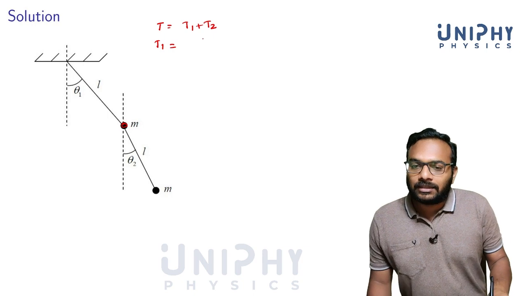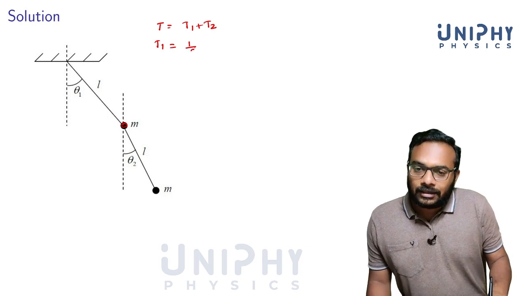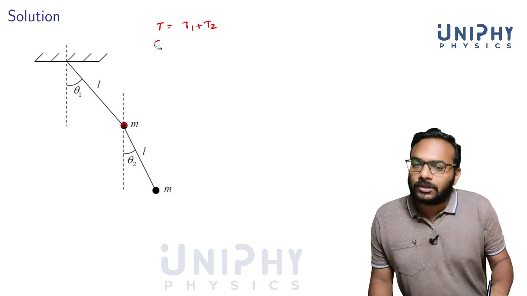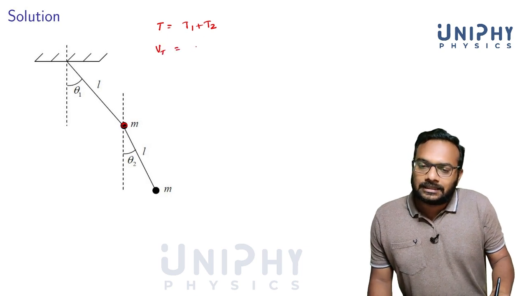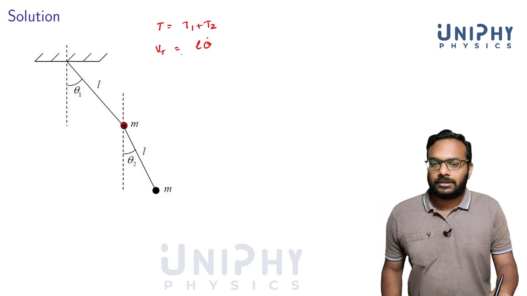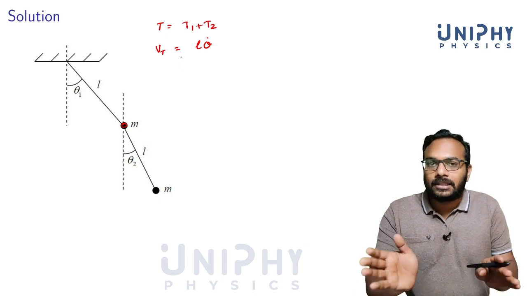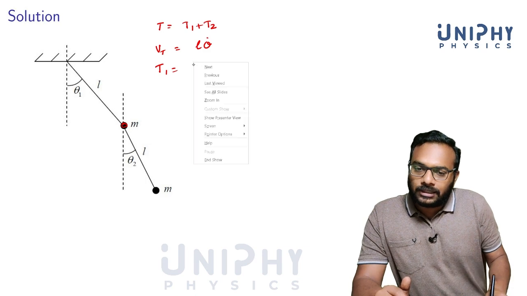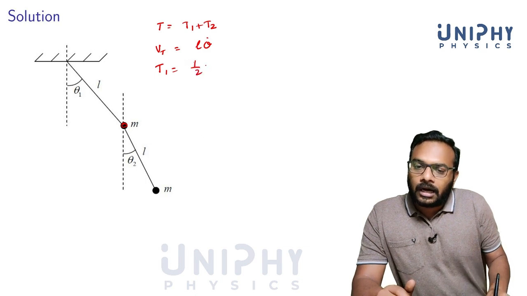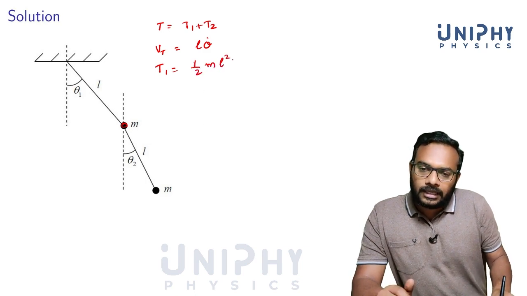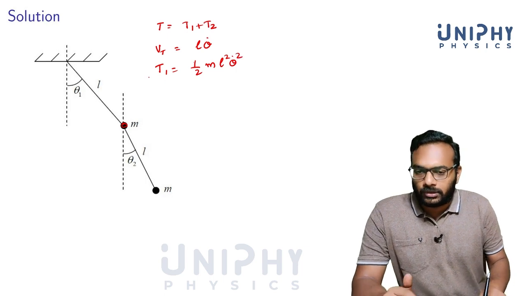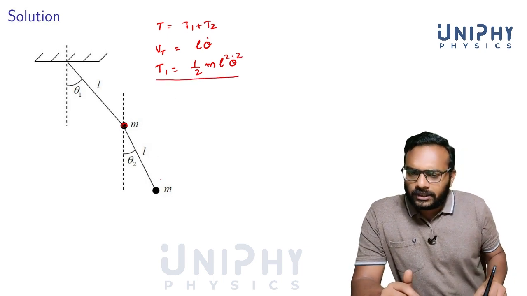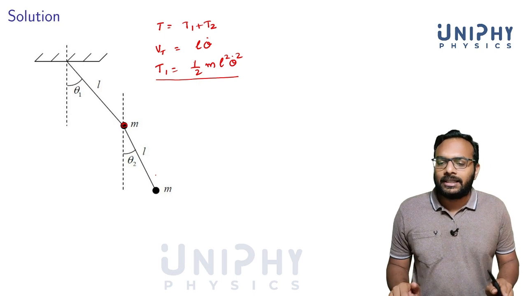The tangential velocity, let me write it as V tangential, is equal to L theta dot. It's like V is equal to R omega. So the kinetic energy T1 is equal to half m L square theta dot square. Okay, no problem there. But we need to be a bit more careful to find T2.